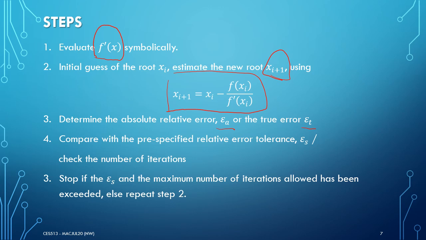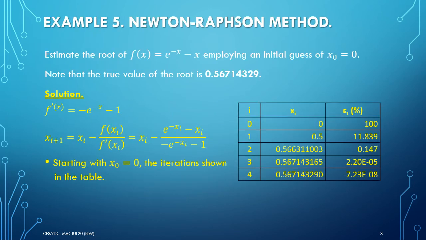Compare this error with the pre-specified relative error tolerance, epsilon s, and check the number of iterations. Stop the calculation if the error has fallen below the pre-specified tolerance or the number of iterations has exceeded the maximum allowed, or else we repeat step 2 again. Okay, now we look at example 5.